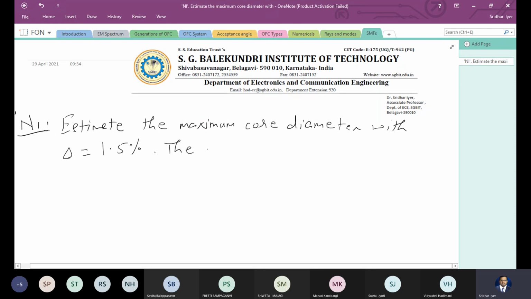Next statement, the refractive index of the core is 1.48 for single mode operation.